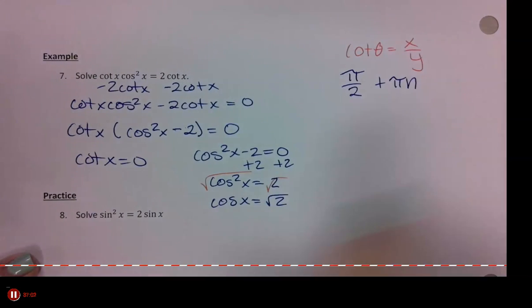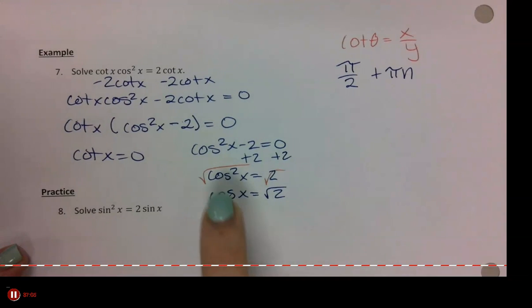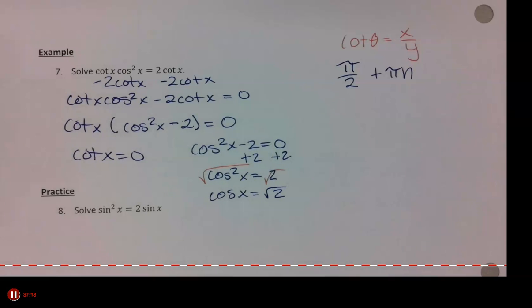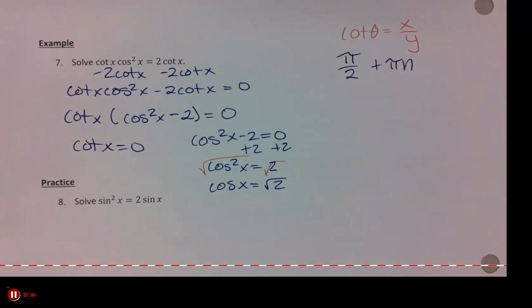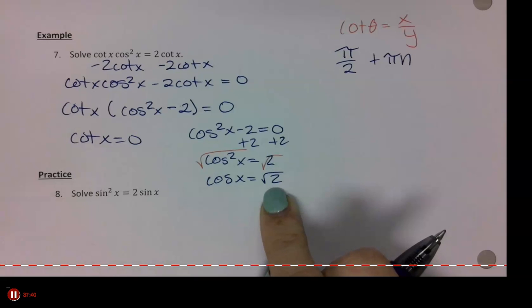But I also had cosine. So where does cosine equal the square root of 2? It doesn't equal the square root of 2 because square root of 2 is like 1.4 something.